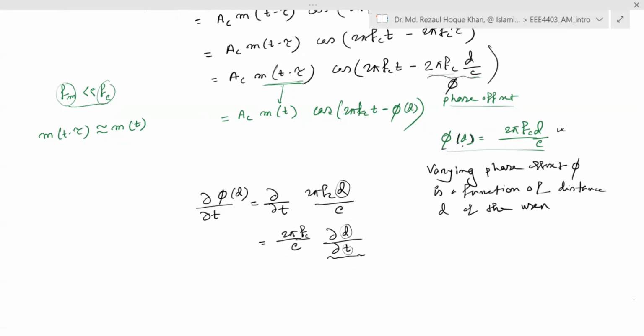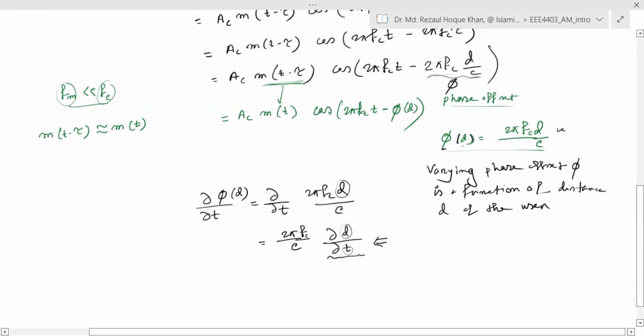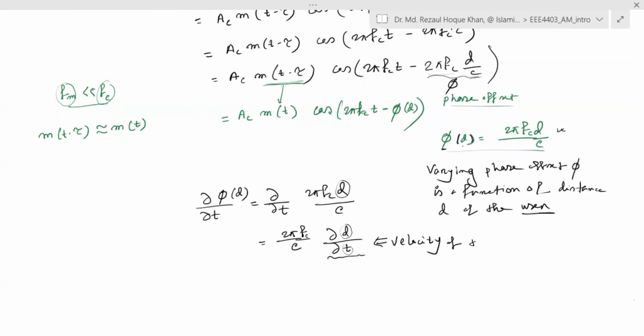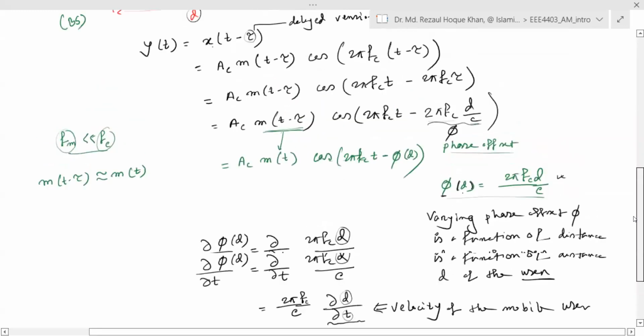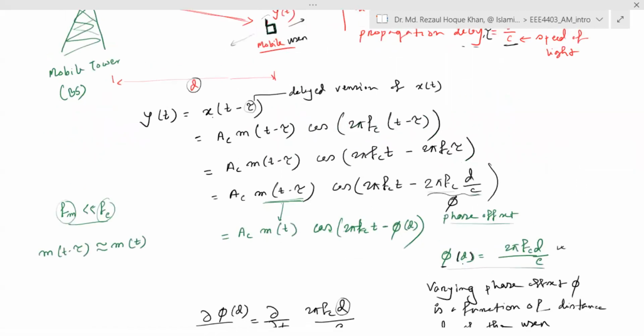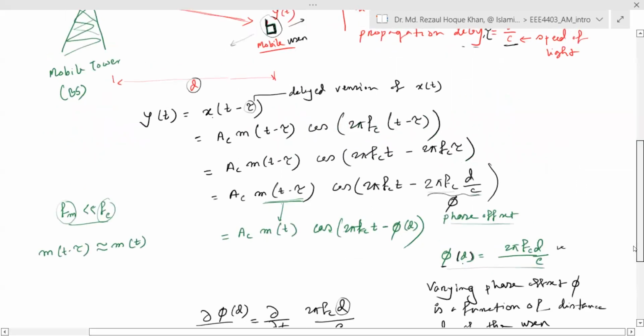It's nothing but the velocity. Velocity of whom? Velocity of this mobile user.